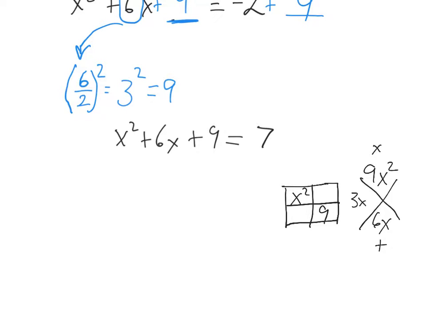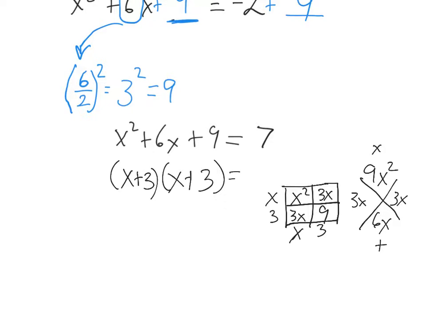So I get 3x, 3x, and so I get x, 3, and 3. That tells me I factor to x plus 3 times x plus 3 equals 7, which is x plus 3 squared equal to 7.